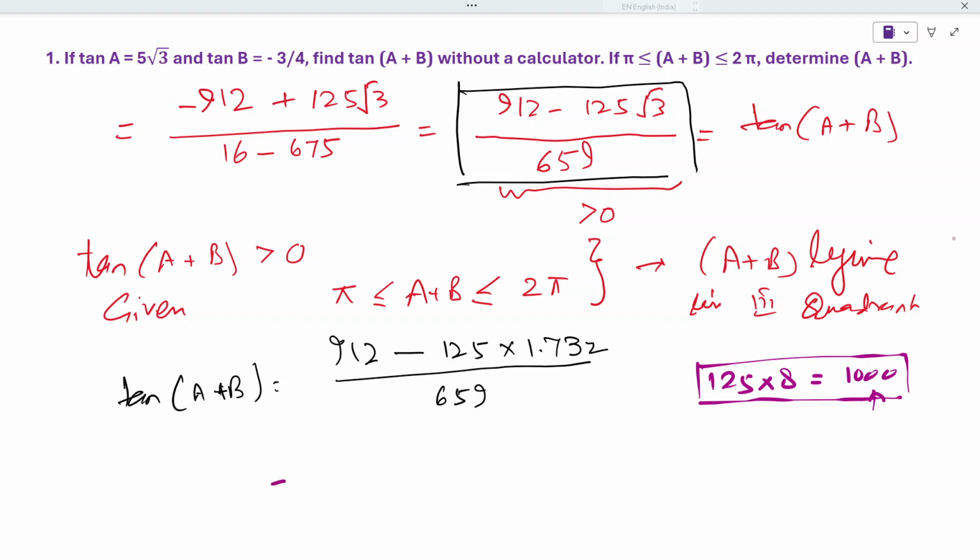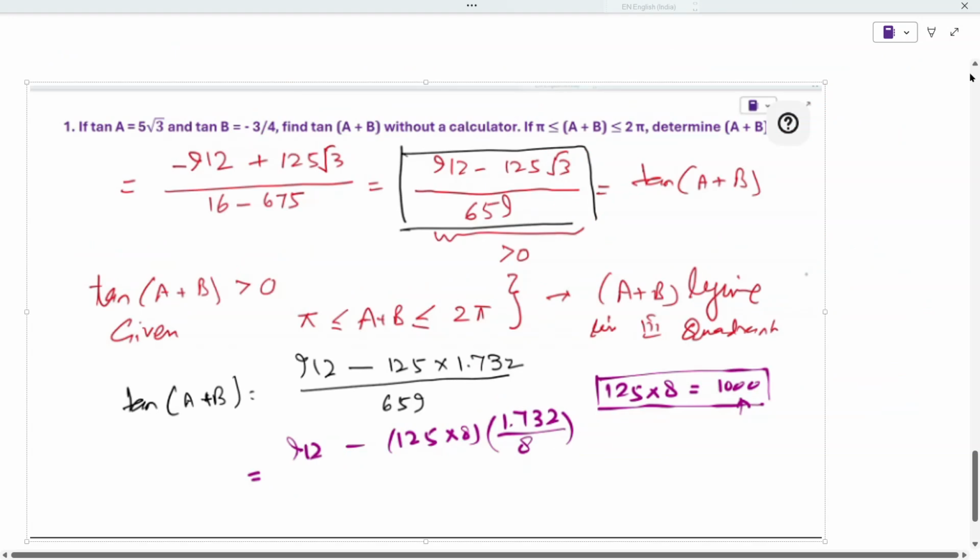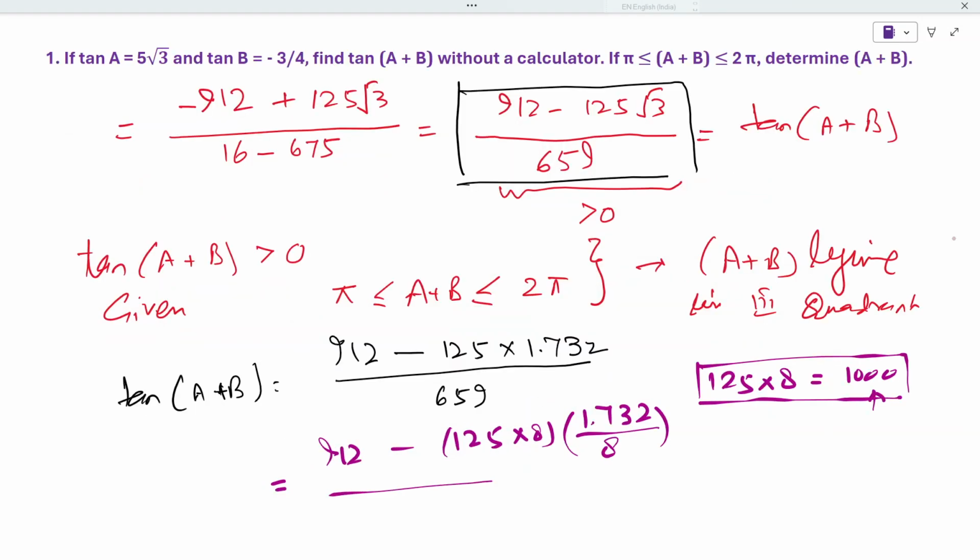We will do something like this: 912 minus, multiplying 125 by 8, at the same time dividing 1.732 by 8, in order to nullify the effect of multiplication of 125 by 8. Simple. Upon 659. Why? To make this 1000.